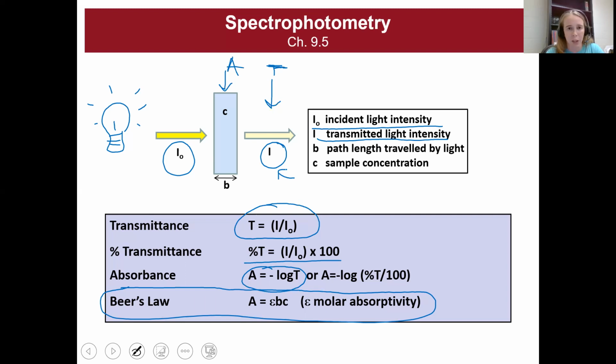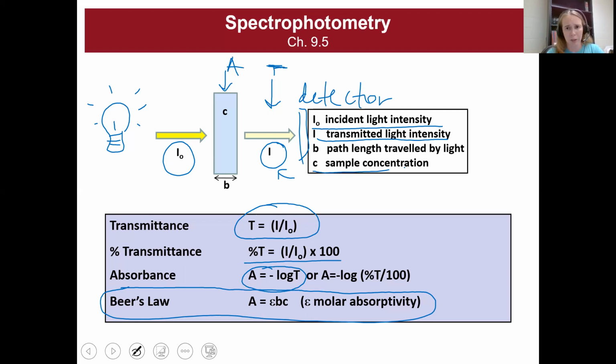We can only physically measure the change in intensity of this light. There's a little detector over here that is not in this picture. But we don't really care about the transmittance, we care about the absorbance. So we measure the transmittance and then we convert it into an absorbance so that we can learn something about our solution.